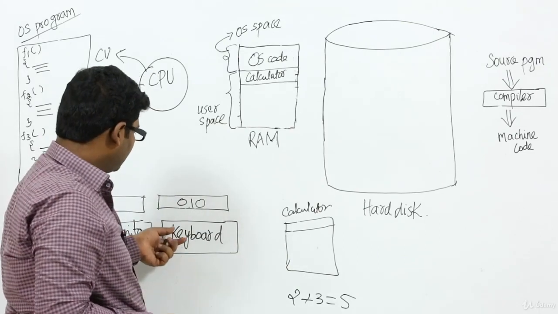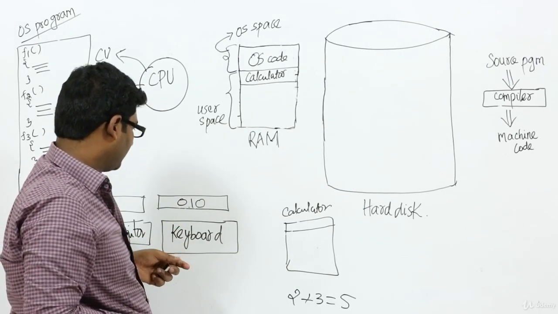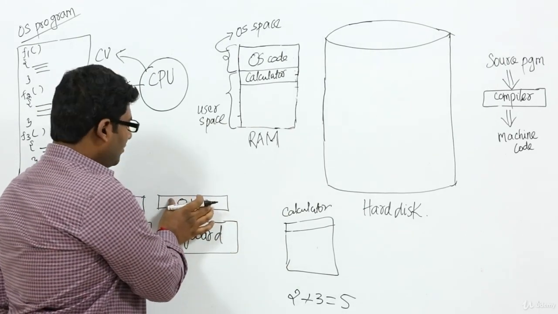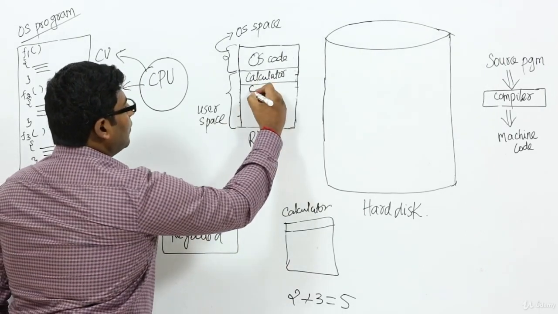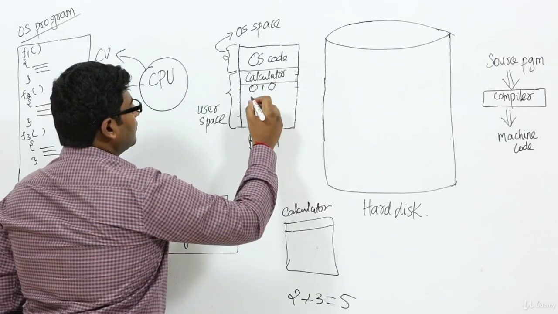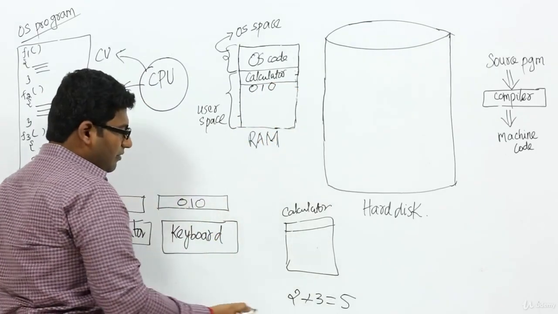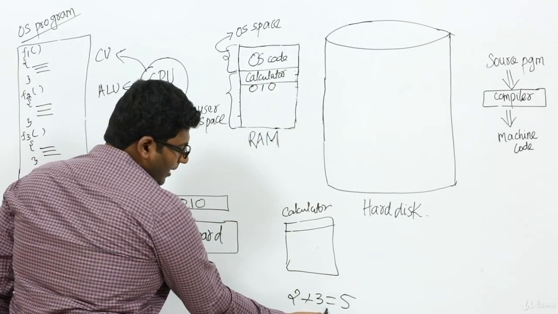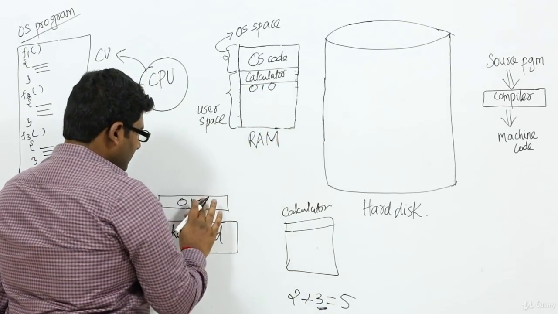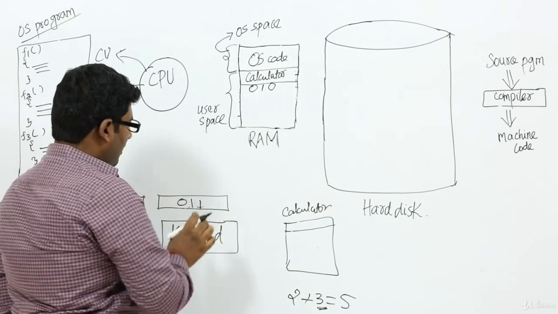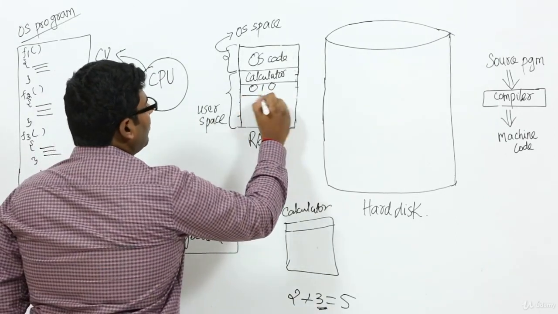That's the reason 0 1 0 will get into the buffer. Similarly, from this buffer, this will be moved into the RAM. 0 1 0 is nothing but 2 in binary. Similarly, whenever I type 3 on the keyboard, 0 1 1 will override this in the buffer, and the 0 1 1 will also be moved inside the RAM.